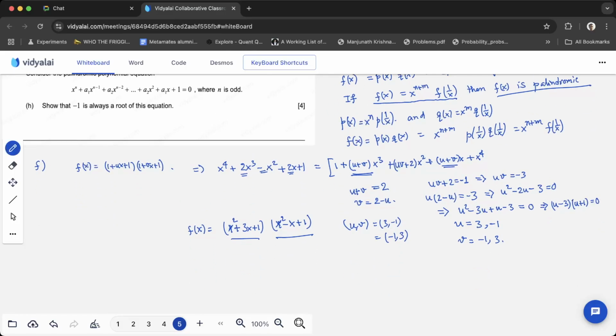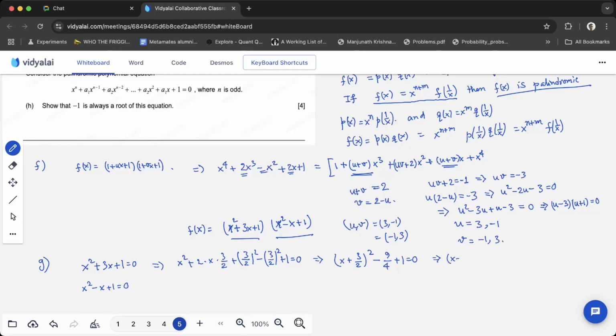So let's do that. The two equations are x squared plus 3x plus 1 equals 0, and x squared minus x plus 1 equals 0. So the first equation, if we complete the squares like before, the square term becomes (x plus 3/2) whole squared minus 9/4 plus 1 equals 0.